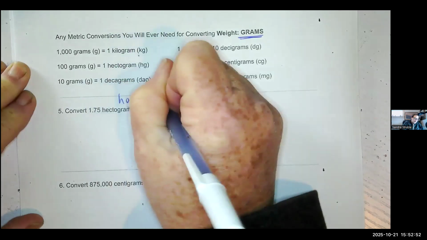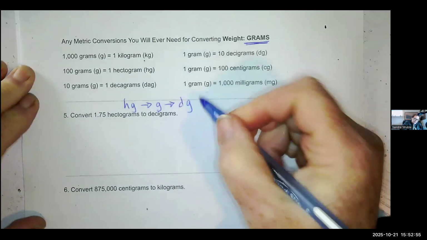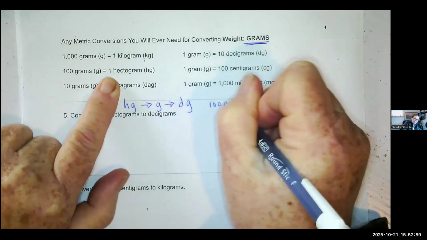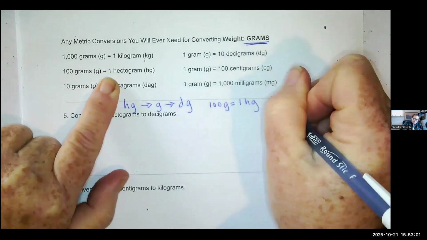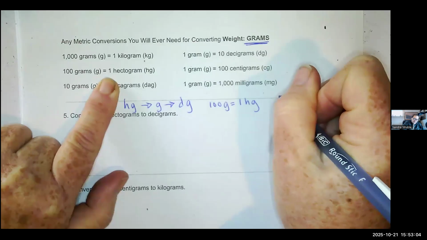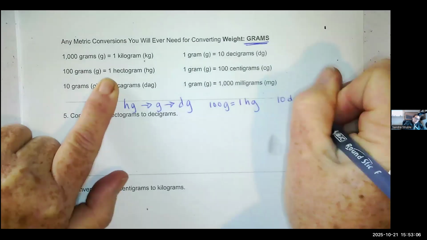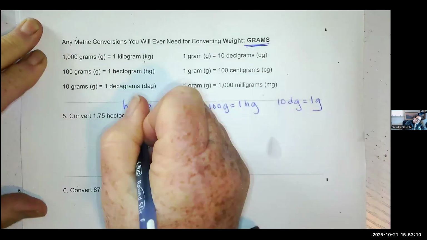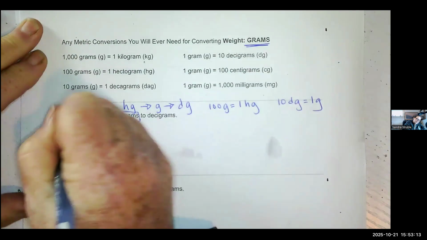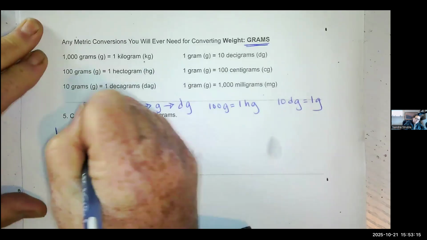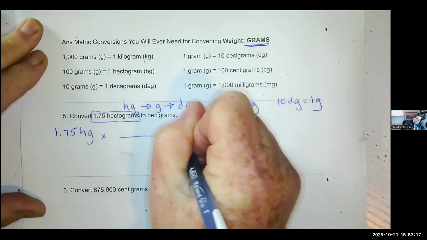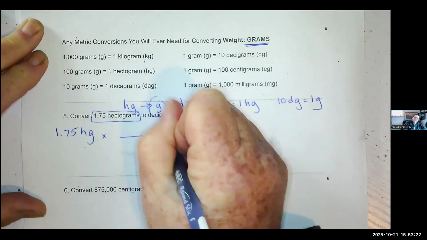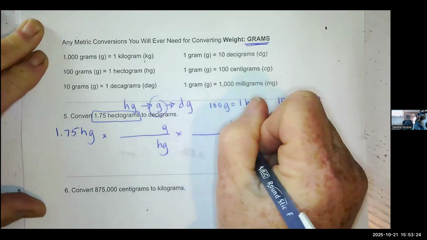And those conversions are 100 grams is equal to 1 hectogram, and 10 decigrams are equal to 1 gram. Start with what you're given. 1.75 hectograms. We're going to do 2 conversions, all we need. I want to get rid of my hectograms, go to grams, get rid of my grams, and go to my decigrams.